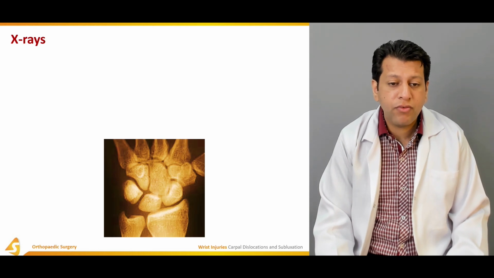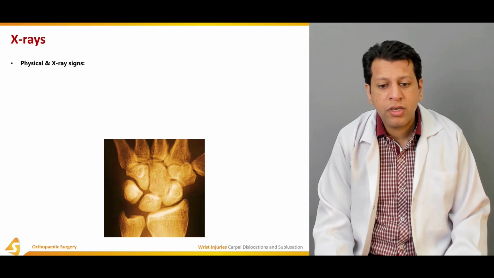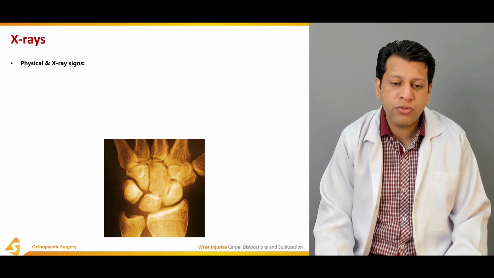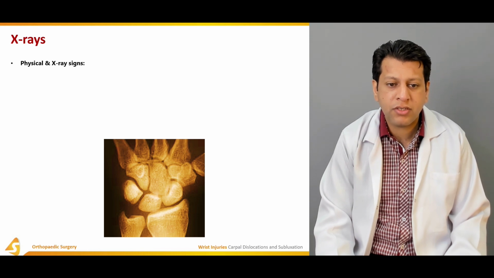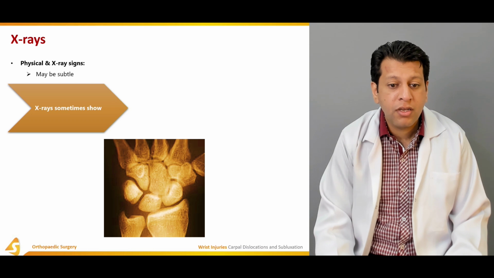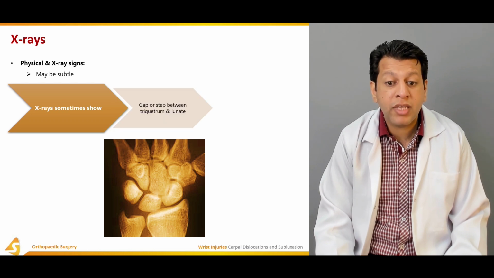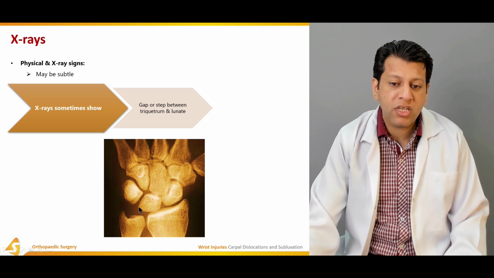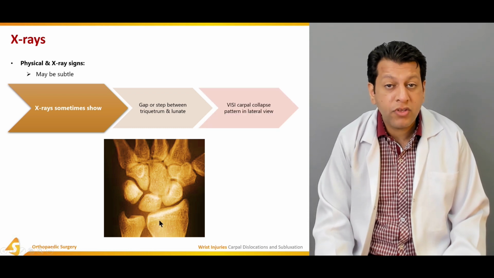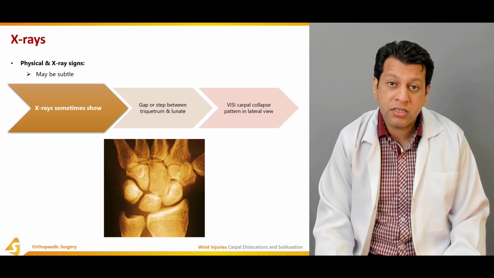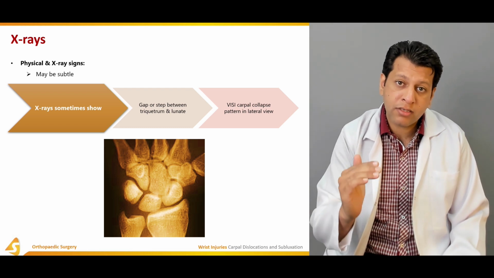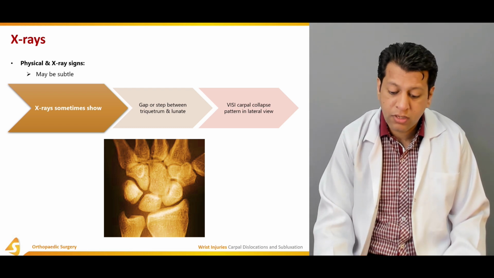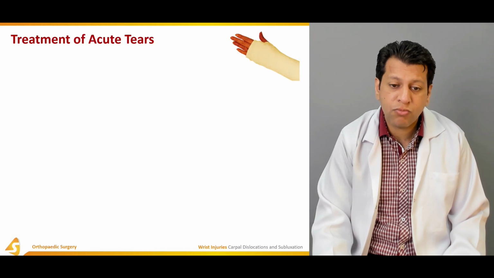On X-ray, there will be an AP view, and on the lateral view you can appreciate physical and X-ray signs as well, which may be subtle. X-ray may sometimes show a gap or step between the triquetrum and lunate, which may be no more than 3 mm. Or VISI, volar intercalated segmental instability. When you look at the X-ray on the lateral side, you can appreciate the carpal being subluxed volarly.